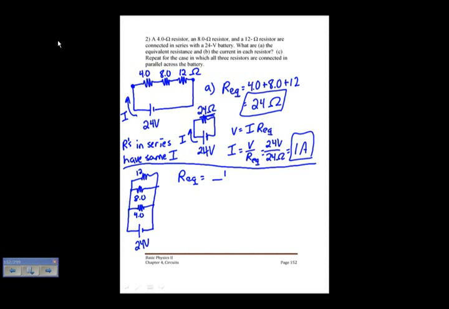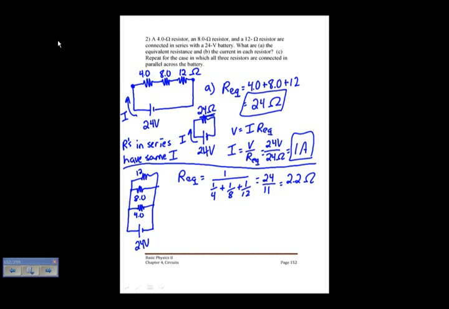That is the inverse of the sum of the inverses, 1 over 4 plus 1 over 8 plus 1 over 12. That's equal to, if you find the common denominator, 24 over 11, which gives us 2.2 ohms. So the equivalent resistance is 2.2 ohms.